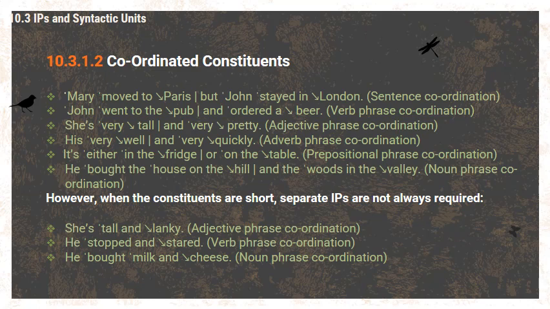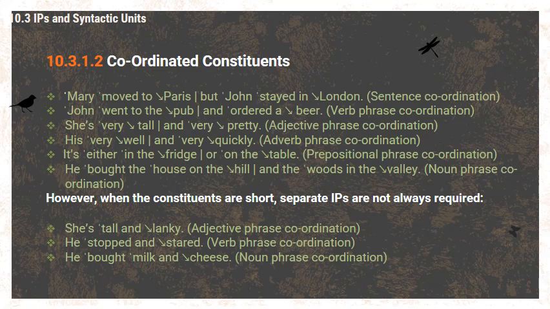For adverb phrase coordination, the example, he is very well and very quickly. For prepositional phrase coordination, the example, it's either in the fridge or on the table. For noun phrase coordination, he bought the house on the hill and the woods in the valley.